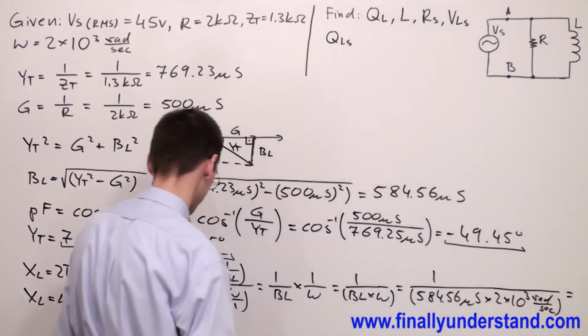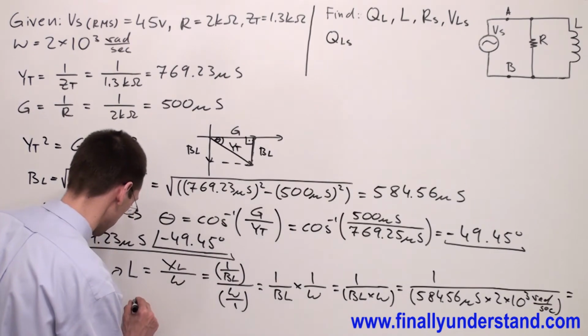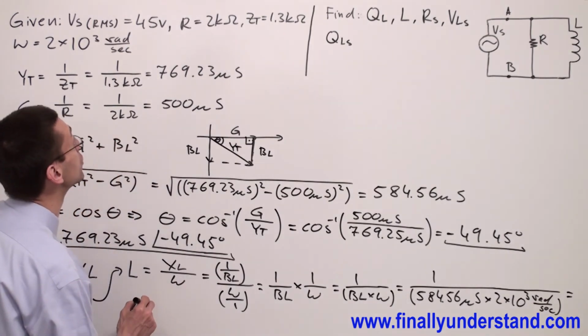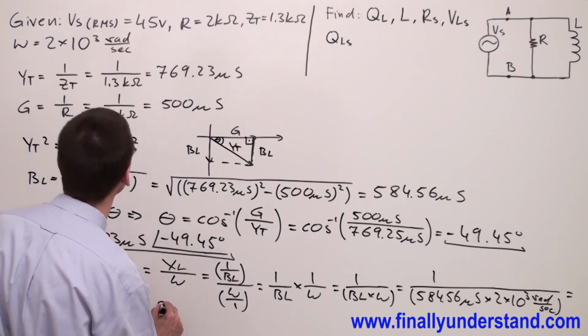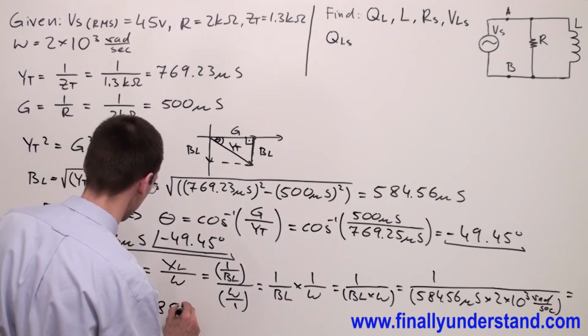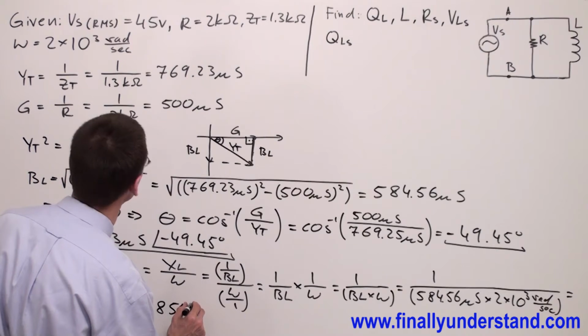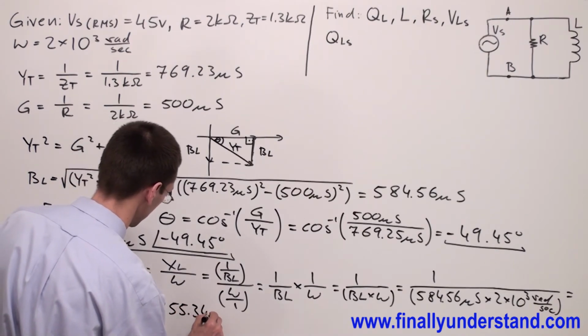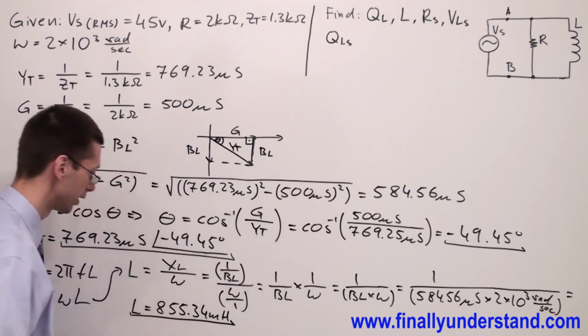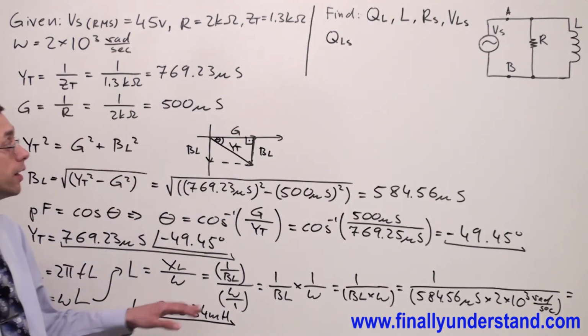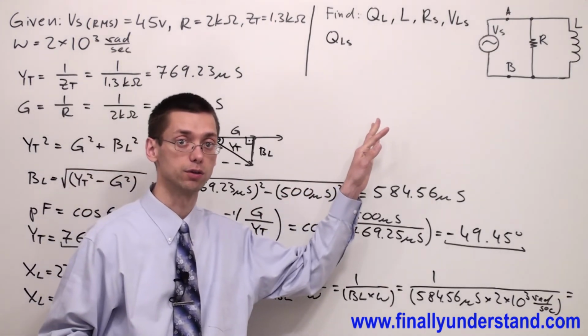This is equal, I'm going to write over here, L is equal to 800 55.34 millihenries. So this is the inductance in my parallel circuit.